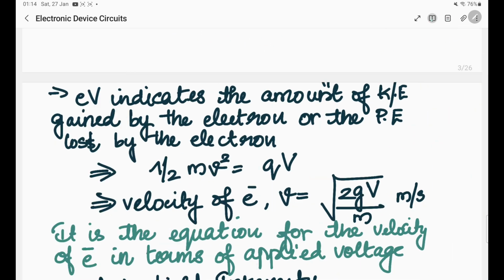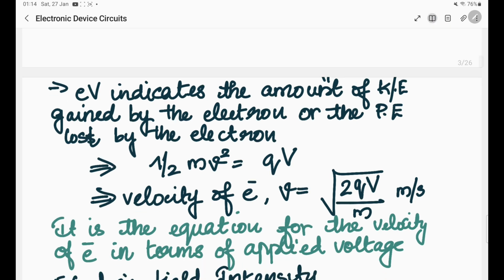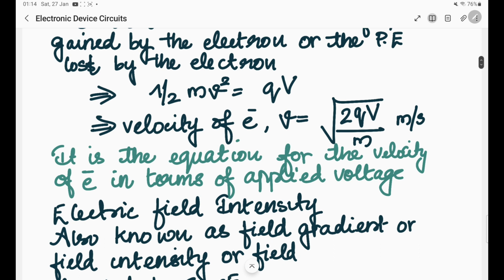Let me do the correction. v equals root of 2qv by m. Okay, so now the equation is correct. Now let's go back to the equation. The unit is meter per second. So it is the equation for the velocity of the electron in terms of the applied voltage.